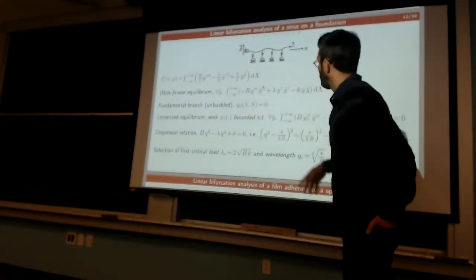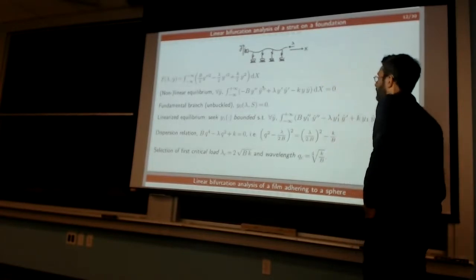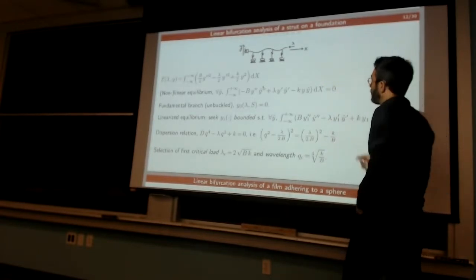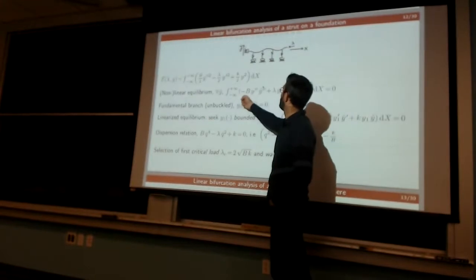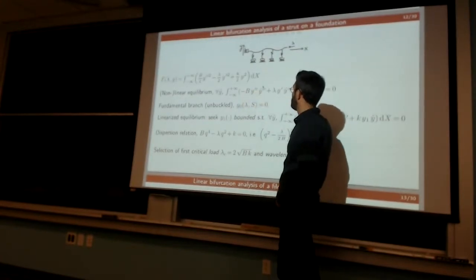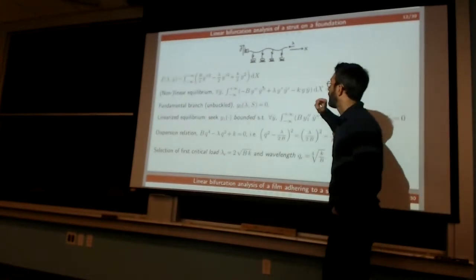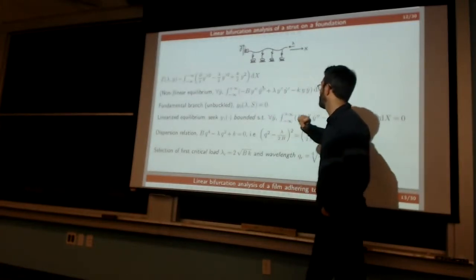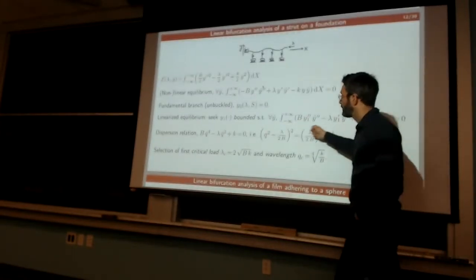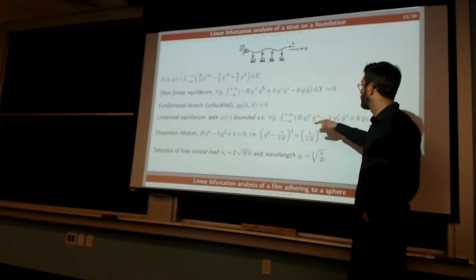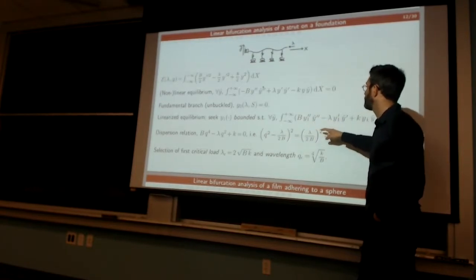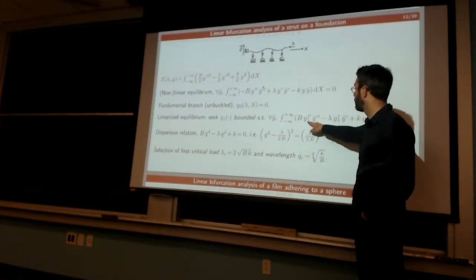We can again apply the same method. One variation gives me the nonlinear equilibrium. I have one analytical solution. I can linearize the equilibrium, so do one more variation, and then I have something that depends on y hat and y1.